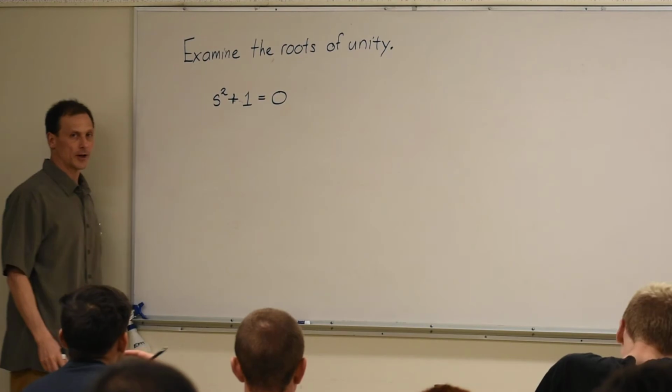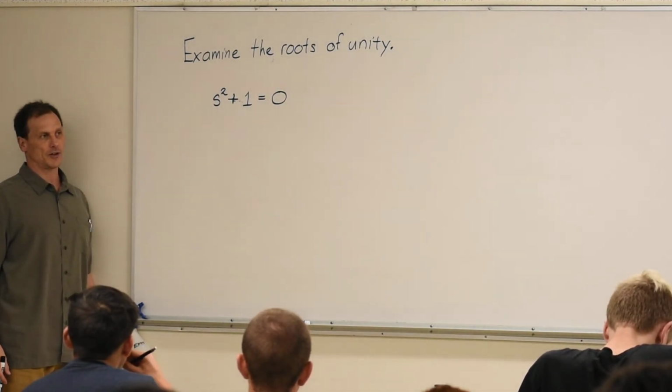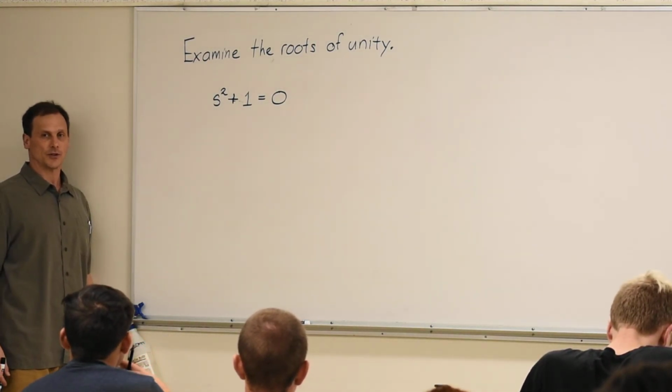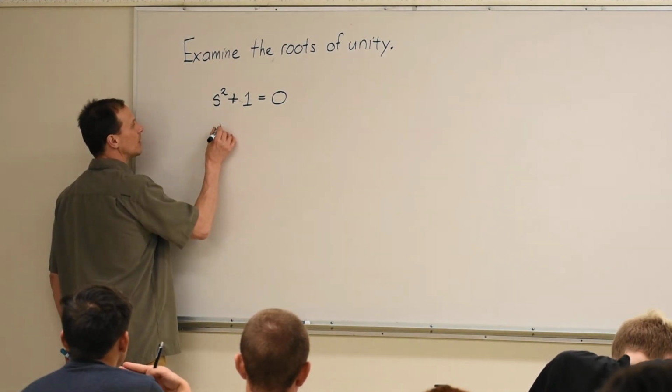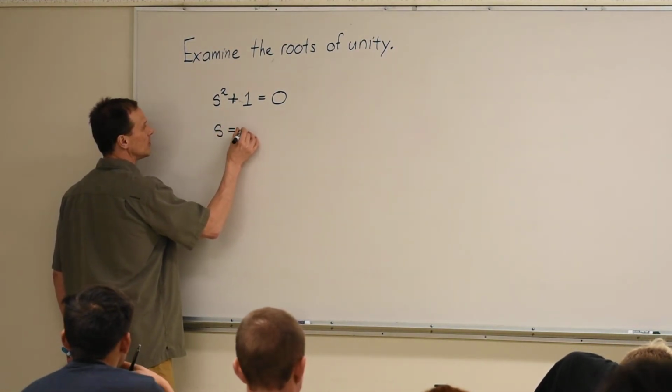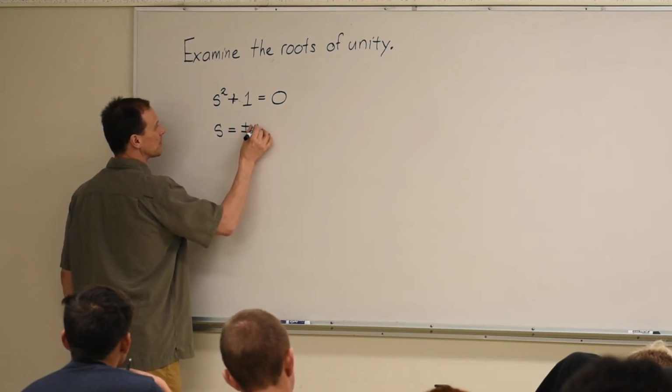S squared plus 1 has how many solutions? It has 2 solutions, right? So if we solve this, I would say that s is equal to plus or minus I.